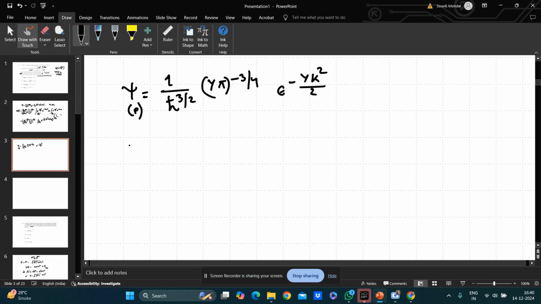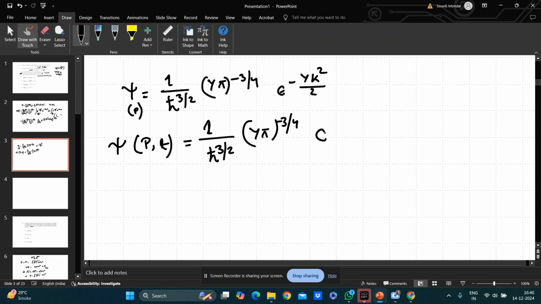Now what will be the time evolution? So phi p at t is 1 by h cross to the power 3 by 2, gamma pi to the power minus 3 by 4, e to the power minus k squared by 2 gamma, into e to the power minus i E t by h cross. Now what is E? E is equal to h cross squared k squared by 2m.